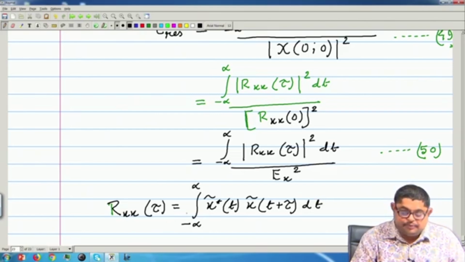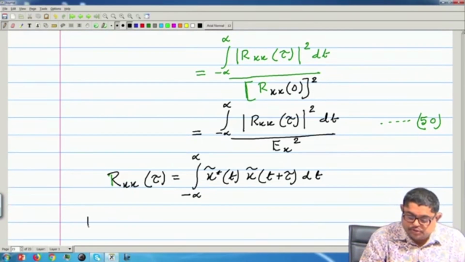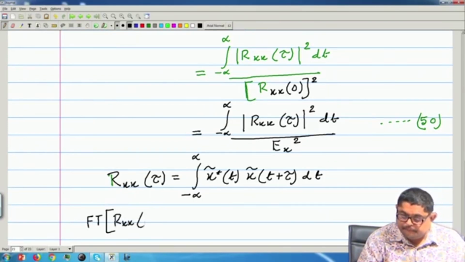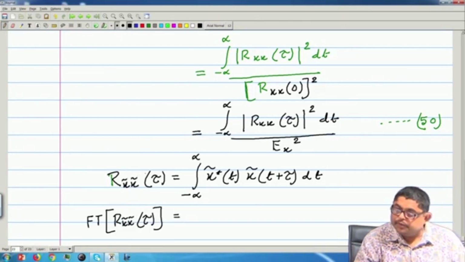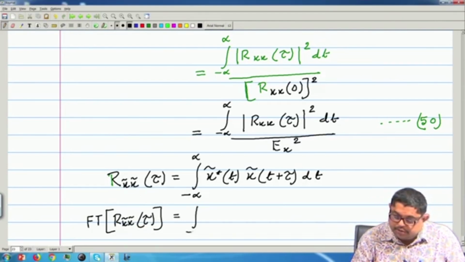Now, if I take the Fourier transform of this, both sides, actually I should have written it like this. So, then it will be this.